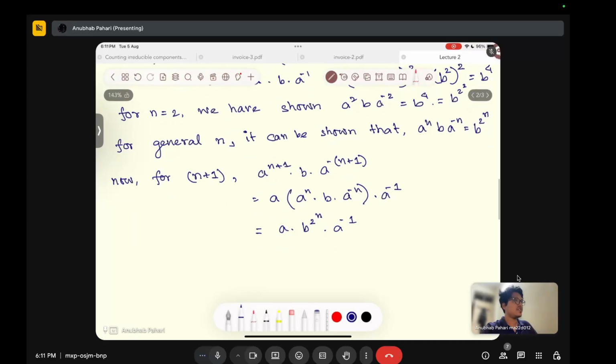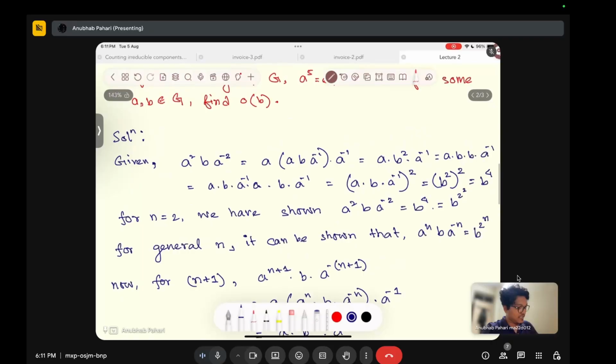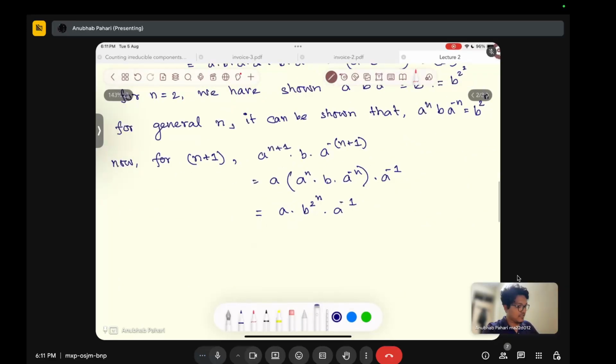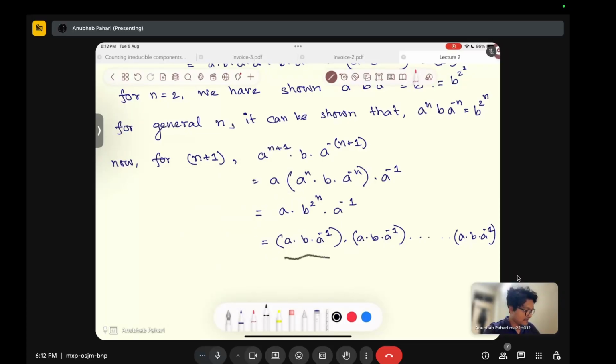So using this process again, we can simply say this means a b a inverse dot a b a inverse up to a b a inverse, 2 to the power n times.